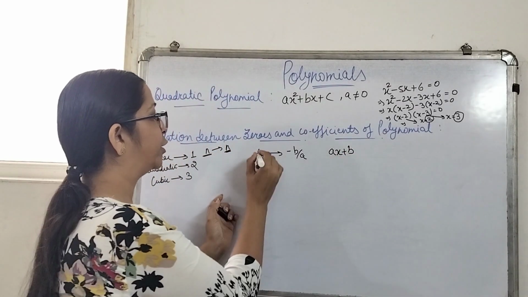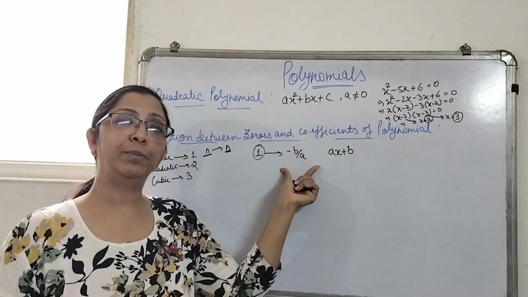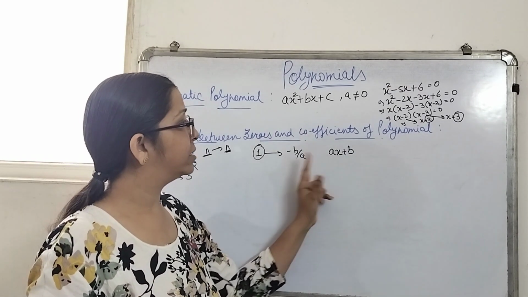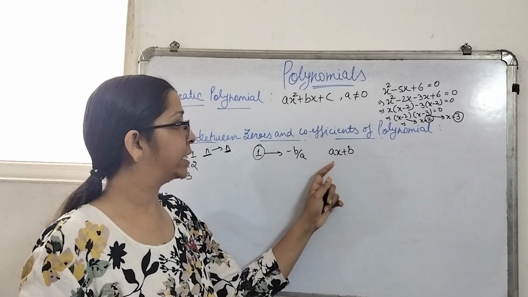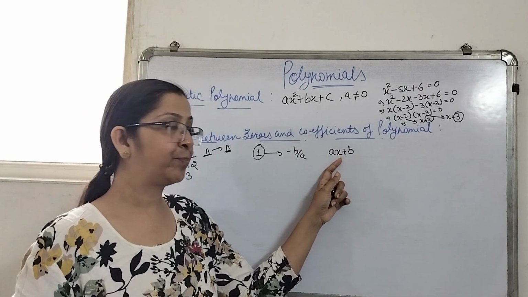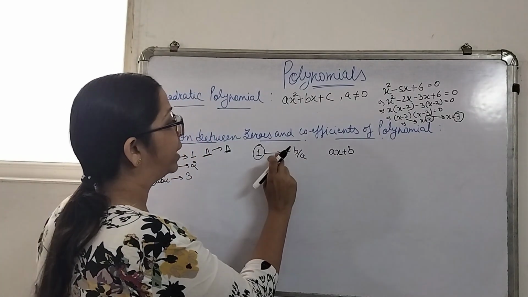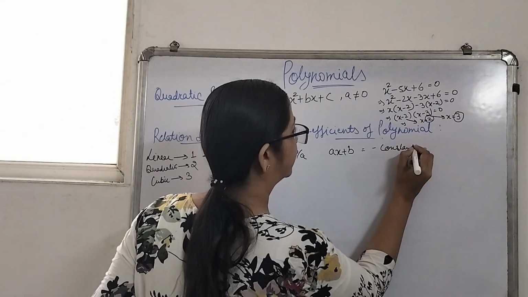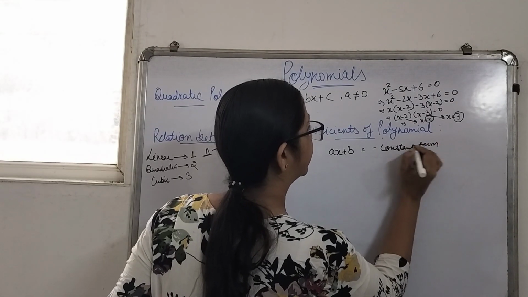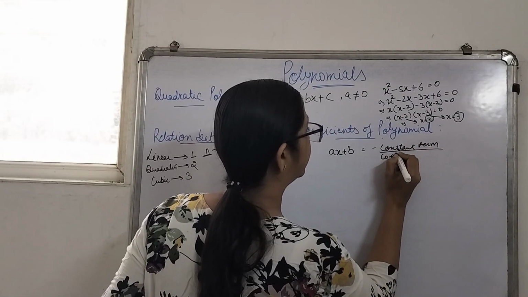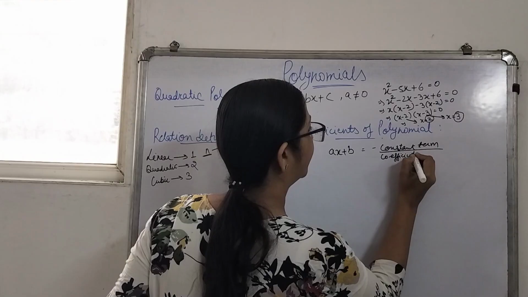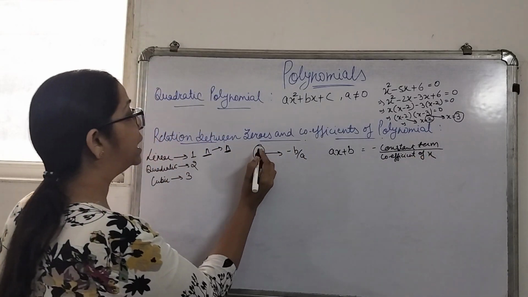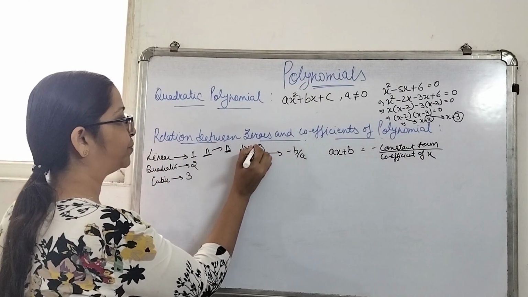That is, the zero of the polynomial will be minus b by a, where b is the constant term and a is the coefficient of x. So the zero will be minus of the constant term divided by the coefficient of x. It is for a linear polynomial.